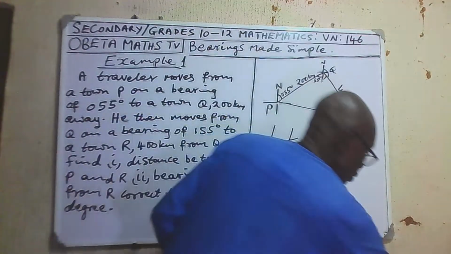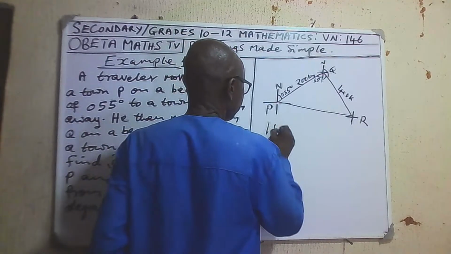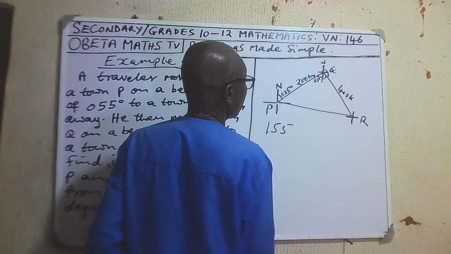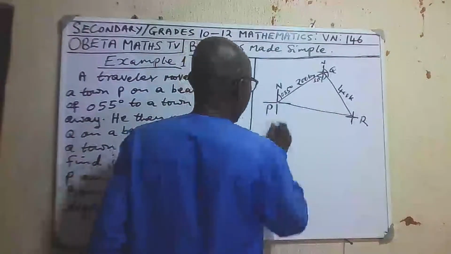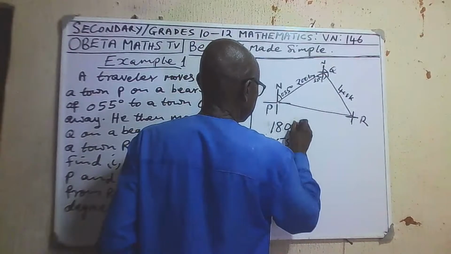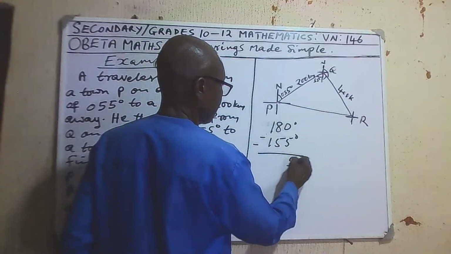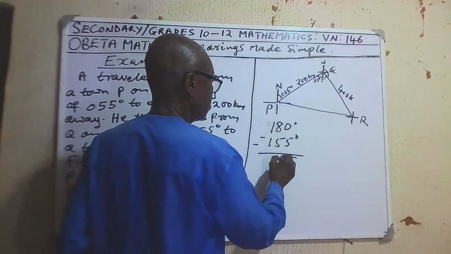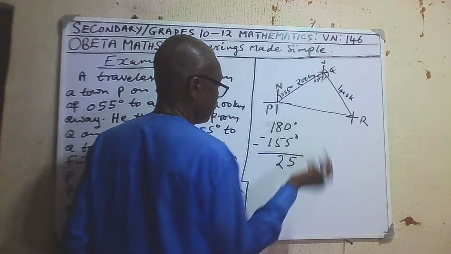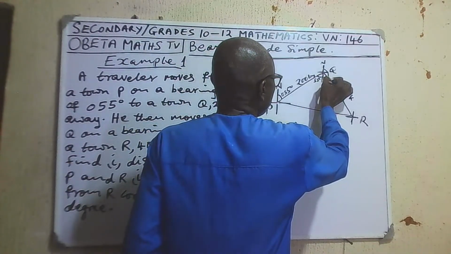So we have 180 minus 155. Carry on the subtraction. This is 5, remaining 7, this is 2, and then this is 0. So that means this small angle here is 25.